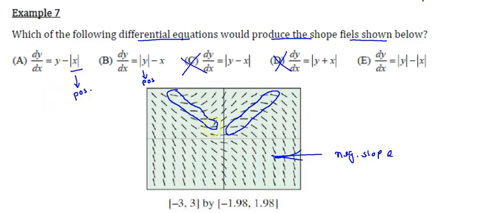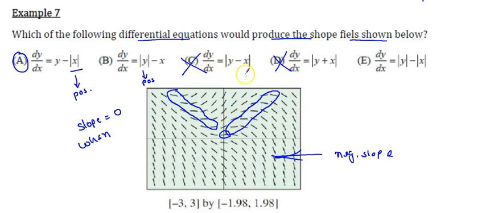When x and y are the same, the slope is 0. So we can say that the slope is 0 when x and y are almost the same. You can see that x and y are the same. So that will be the answer, where the slope is 0.